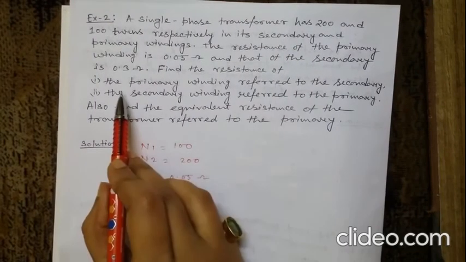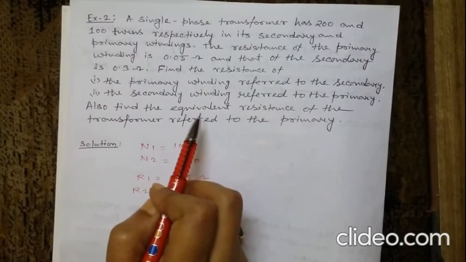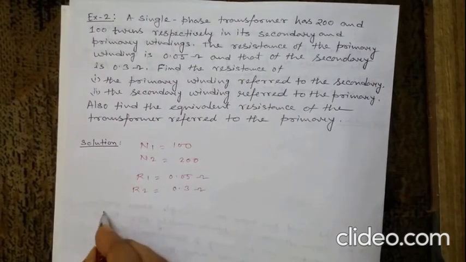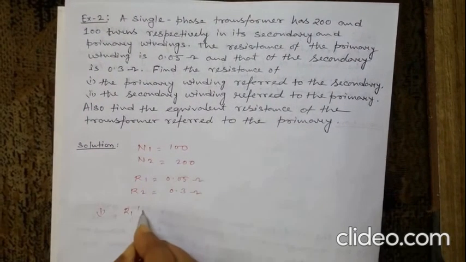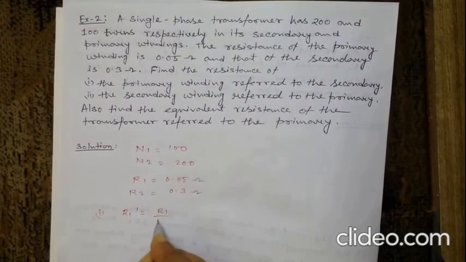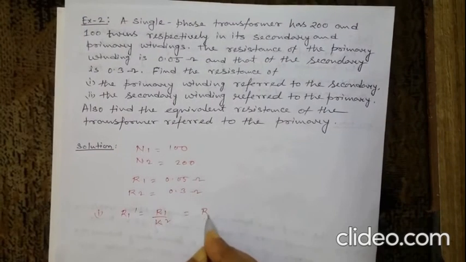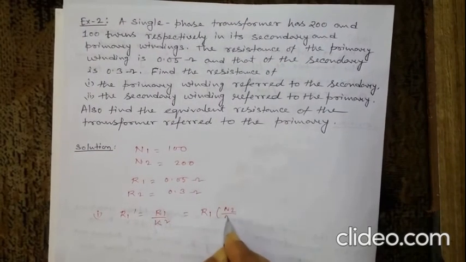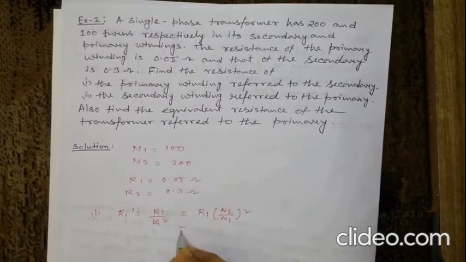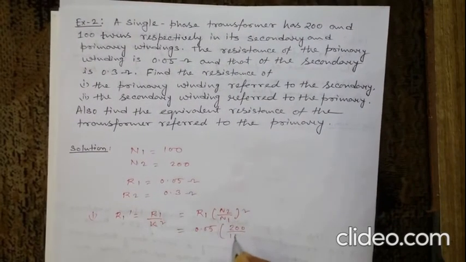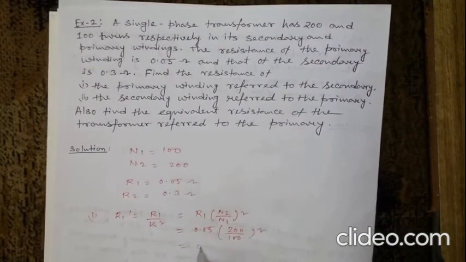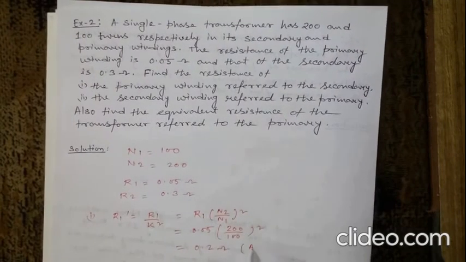Now number 1, the primary winding referred to the secondary. The resistance of primary winding referred to secondary, we can write R1 dash equal to R1 by K square, that is equal to R1 into N2 by N1 whole square, 0.05 into 200 by 100 whole square, 0.2 ohm. Answer.